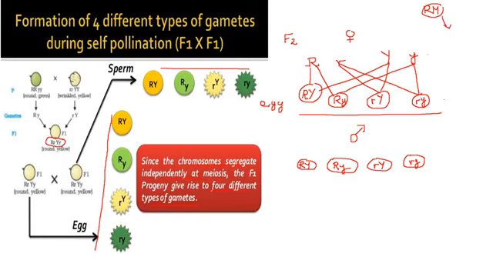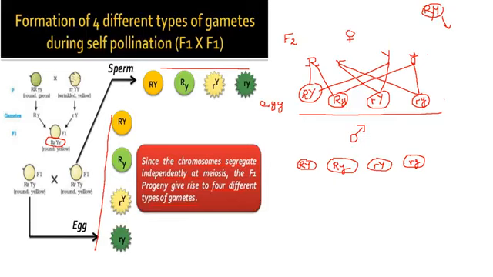They are getting separated. As you can see, capital R first gets paired with Y, then this capital R gets paired with small y. So capital R and capital Y are not acting like a package. Every gene present on the chromosomes separates independently from the others, and this law is known as the law of independent assortment.